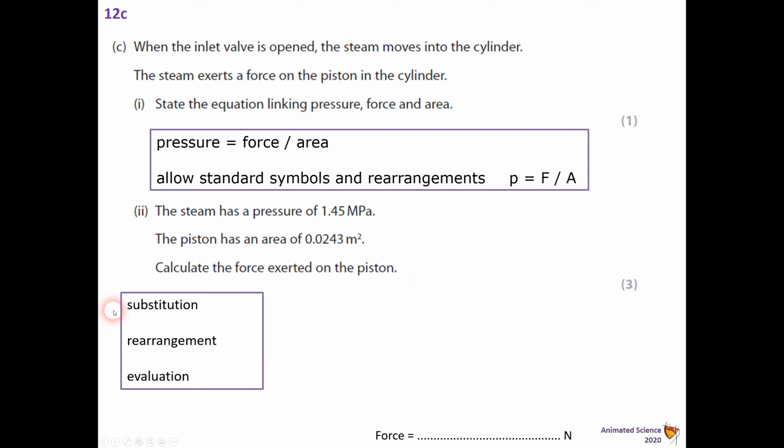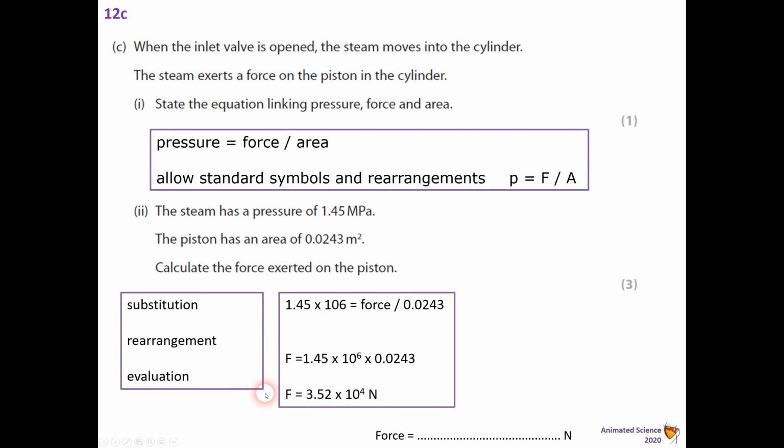Well, let's see. 3 marks, so substitution, rearrangement, evaluation. So I'll put the numbers in. Megapascals over. Now, what have I done here? I've not put the little 6 at the top, that's my mistake, but I should have a 6 for megapascals. So I rearranged, I had to do the times, so that goes to the side, so it becomes a times, and I get 3.52 times 10 to the 4 newtons.